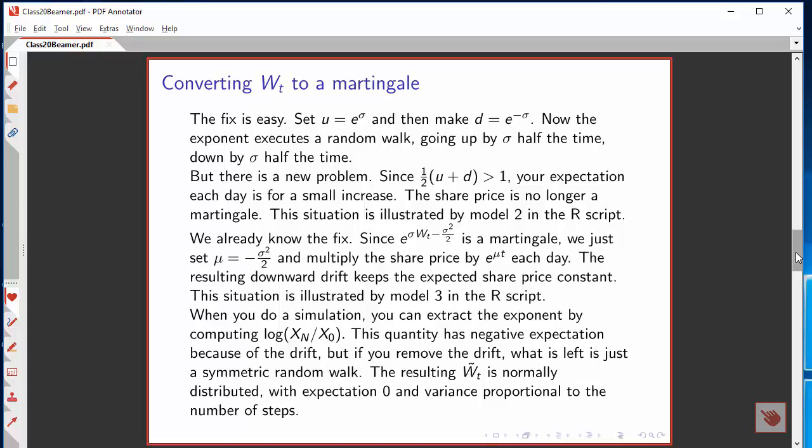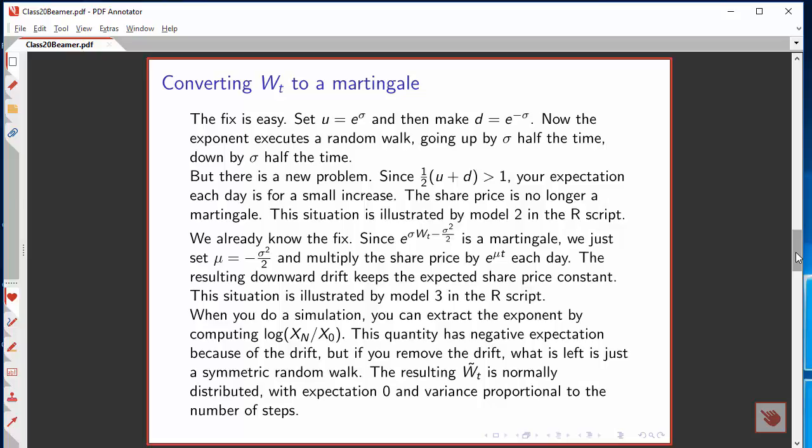If I take the fraction, x sub n over x0, by which the price increases, its logarithm is the resulting exponent. It will turn out that because of the drift, this quantity will have a negative expectation. But if you remove the drift from it, what's left in the exponent is still a symmetric random walk.